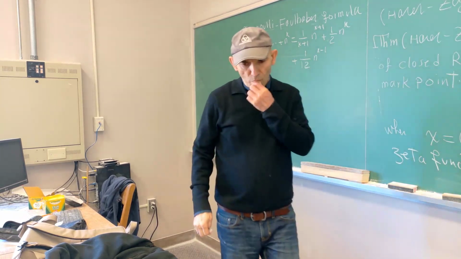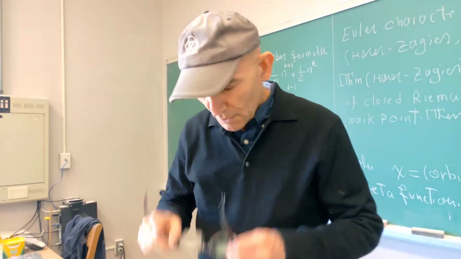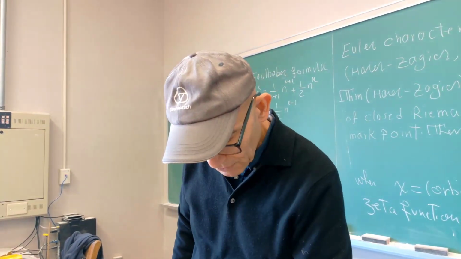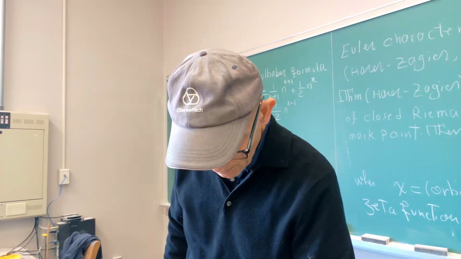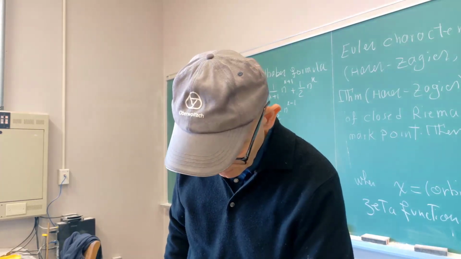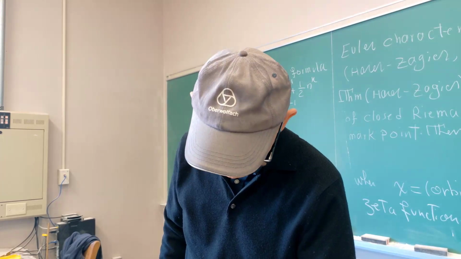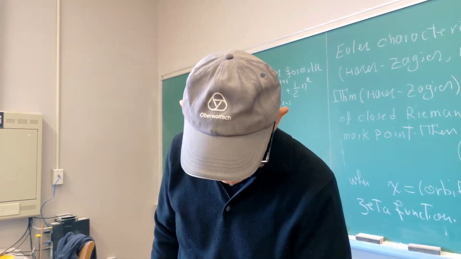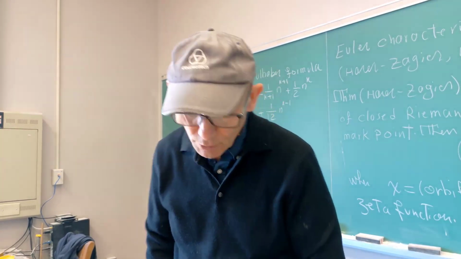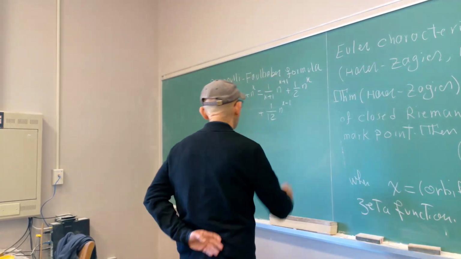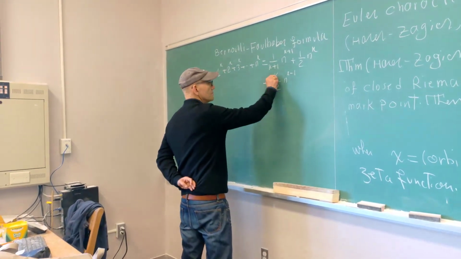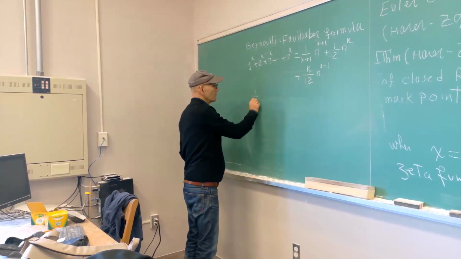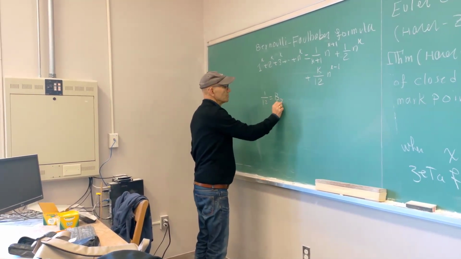Actually, k over 12. And this 1/12 is actually a Bernoulli number.